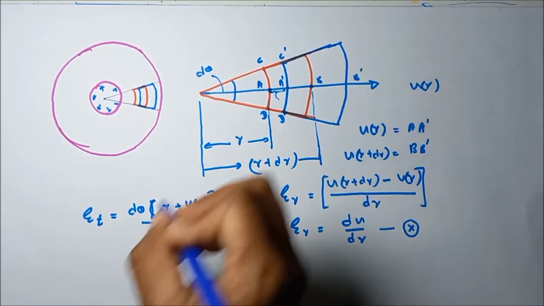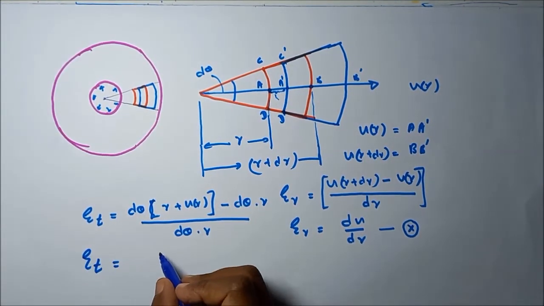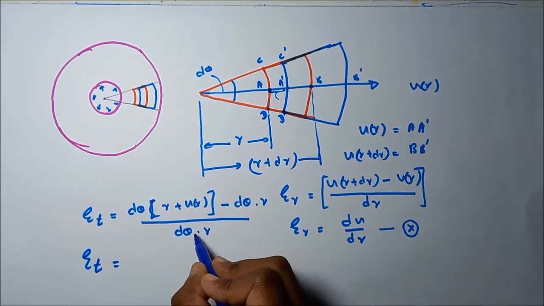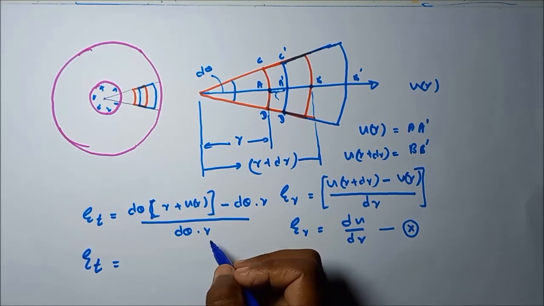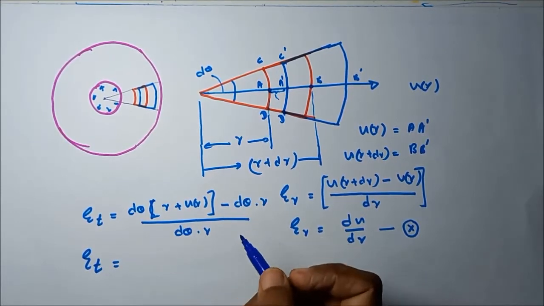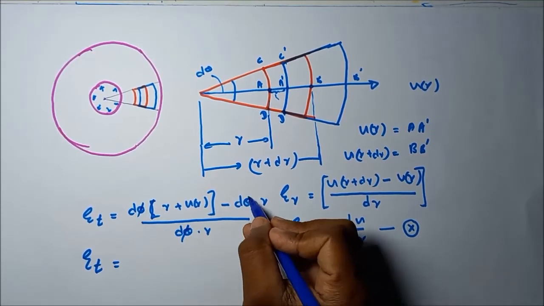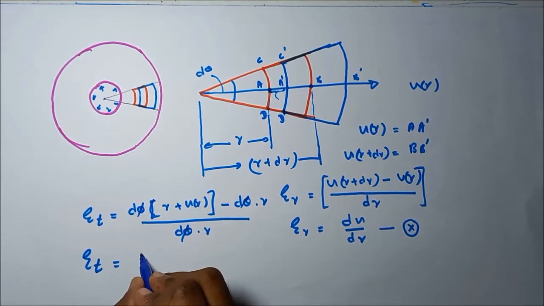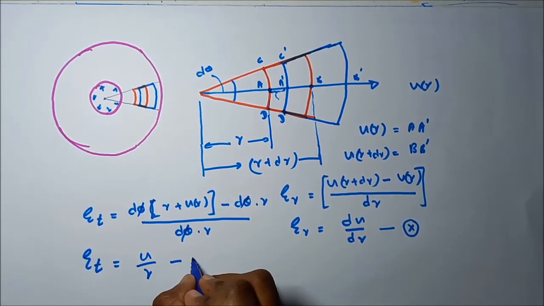We can calculate the strain in the tangential direction, that is equal to, then d theta we can cut and r we can cut. That means u divided by r. Let's take this equation as equation y.